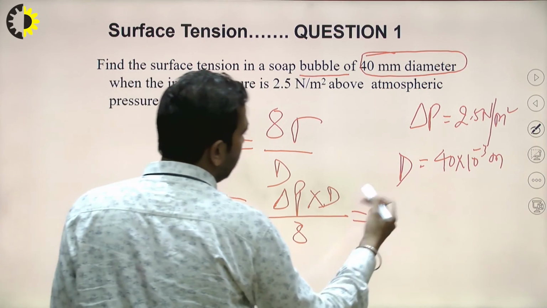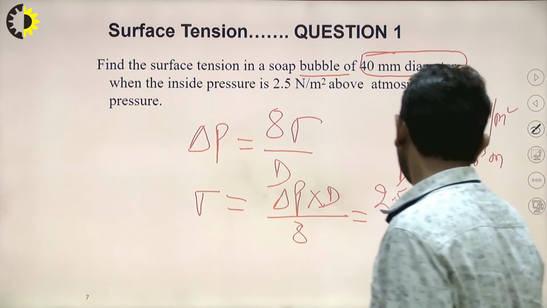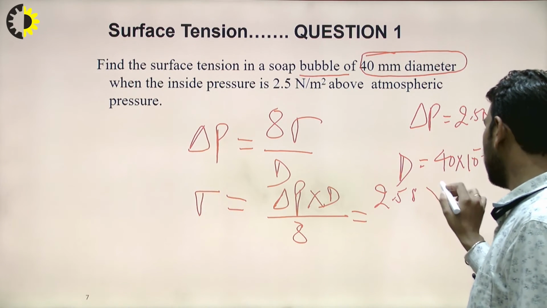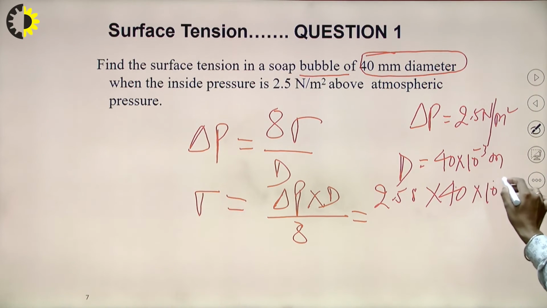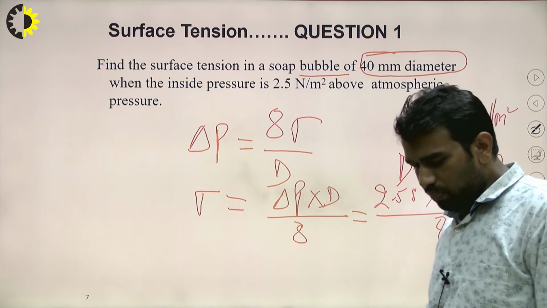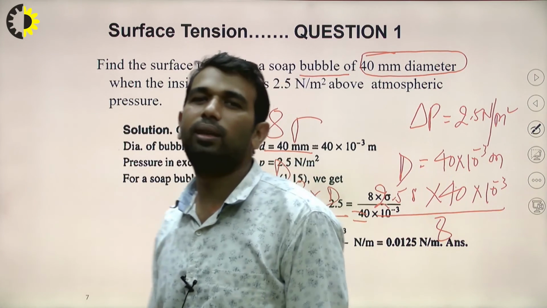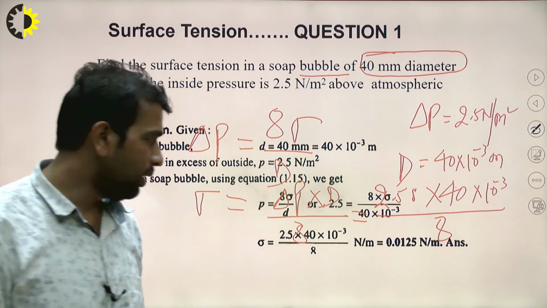The data given is 2.5 Newton per meter square, and we have to convert all the data into SI units, so 10 to the power minus 3 divided by 8. You can simplify it and get the answer. The sigma value is 0.0125 Newton per meter.